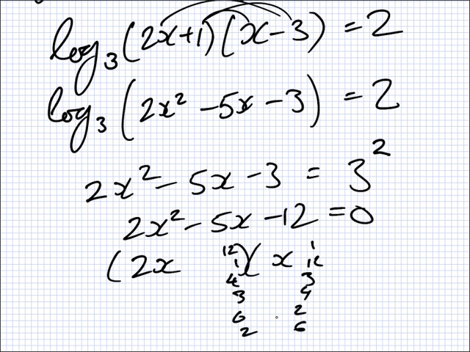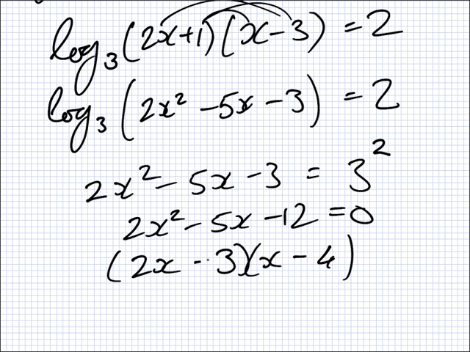I need to get a 5 in the middle. 12 and 2 is not going to do it. 24 is definitely not going to do it. 4 and 6 isn't going to do it. 3 and 8. That's going to do it. So I think it's going to be 3 here and 4 here. And I'm going to need minus 8 plus 3. Okay, there we go. So x equals minus 3 over 2 or 4.